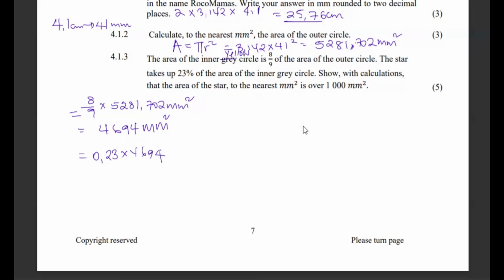So the area becomes this. They are saying, show with calculations that the area of the star to the nearest millimeter is over. Yes, we have shown it.